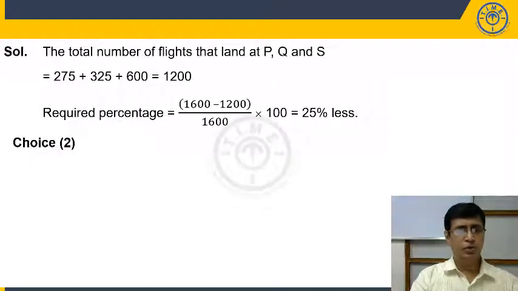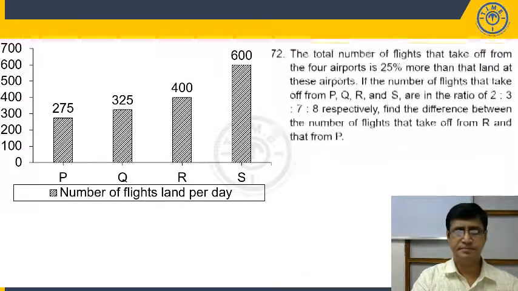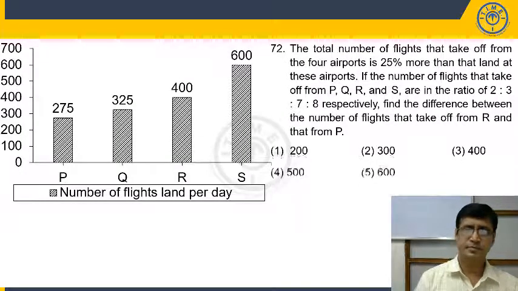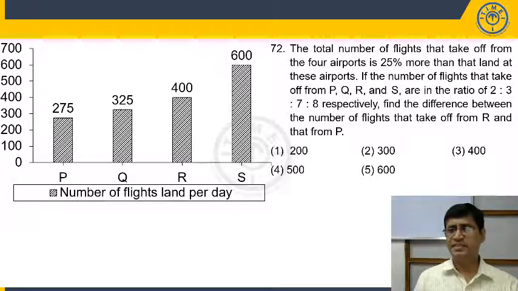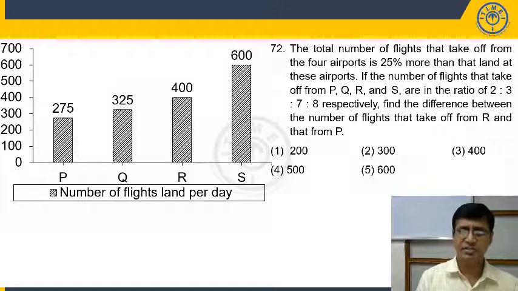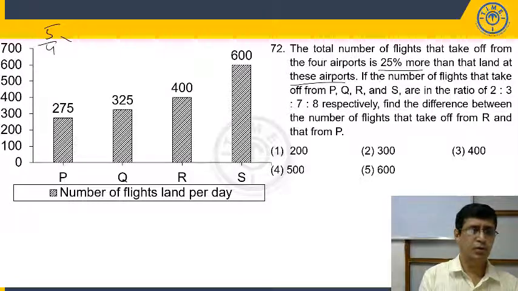Next example, question number 72 on your screen. The total number of flights that take off from the 4 airports is 25% more than land at these airports. Okay. So 25% more means 125%. 125% means 5 by 4.